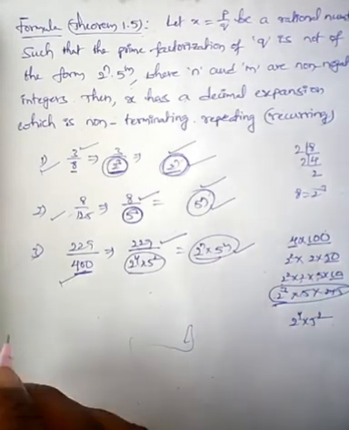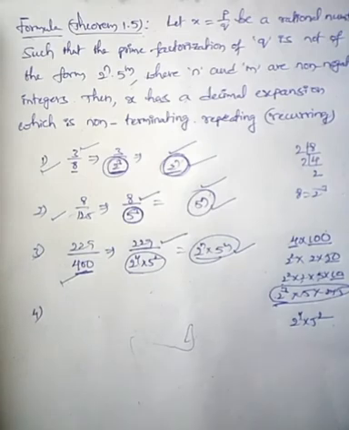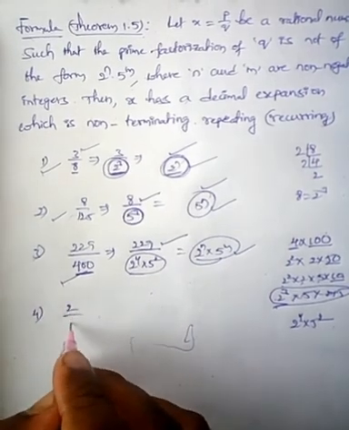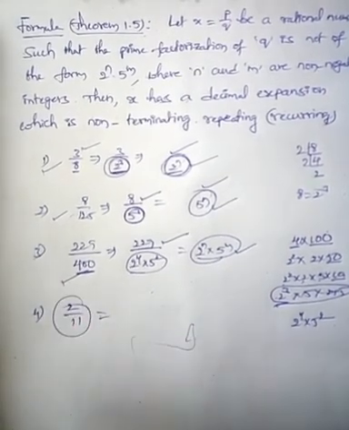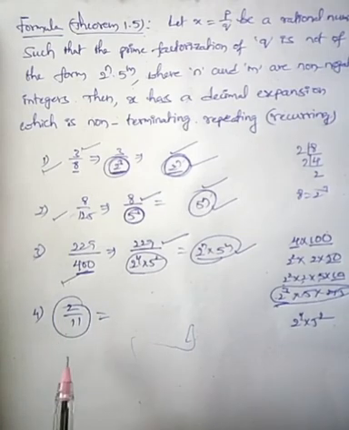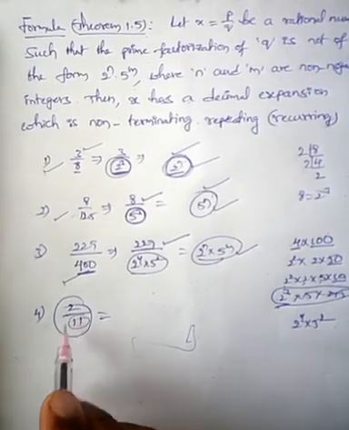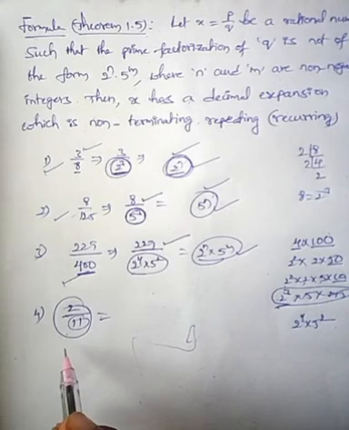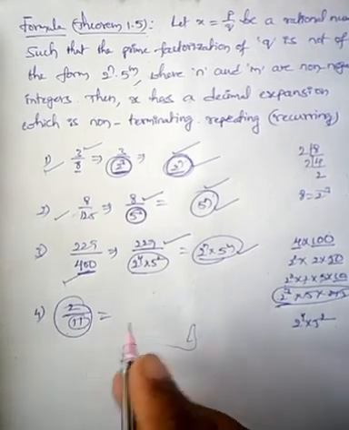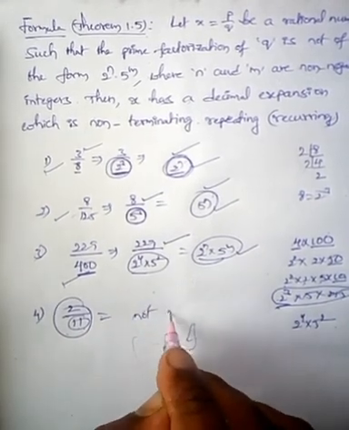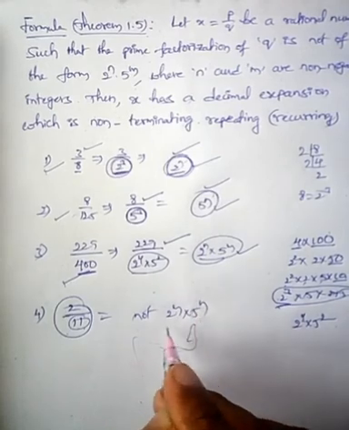Observe another problem, that is 2 by 11. 2 by 11 is a simplest fraction, and the prime factorization of 11 is 11 only. 11 is the prime factor. So this is not in the form of 2 power m into 5 power n.